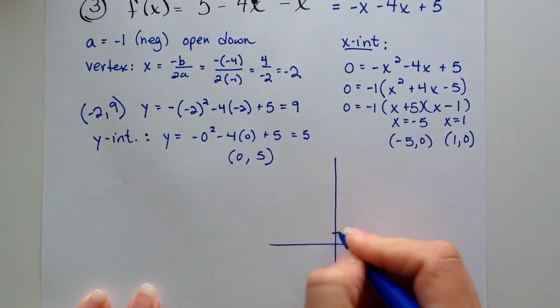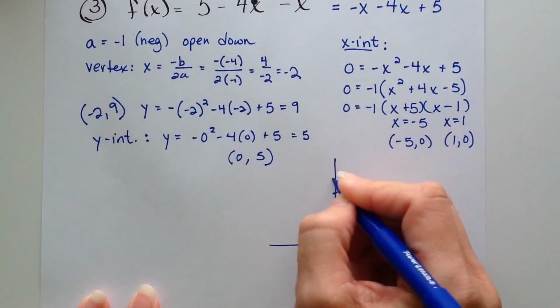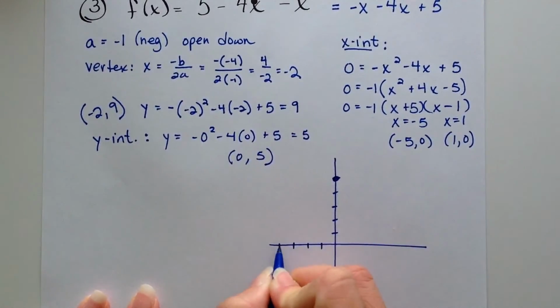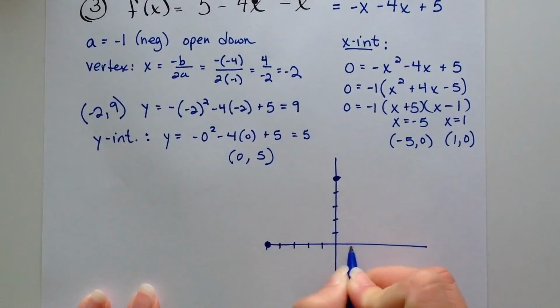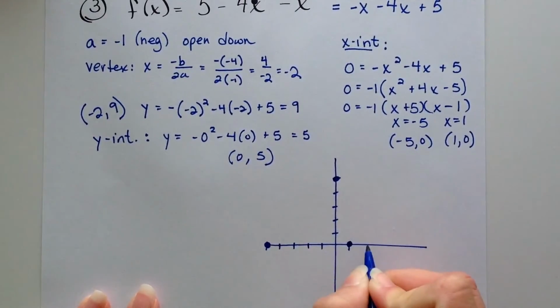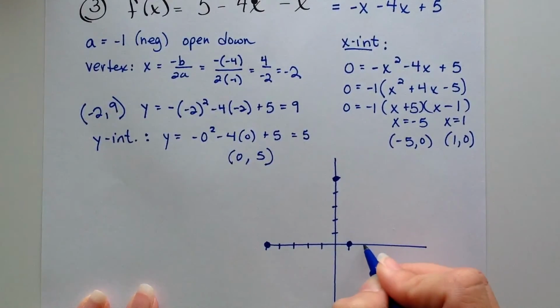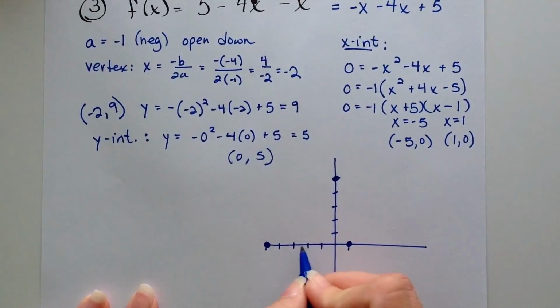Okay, so my y-intercept is at 5. I have an x-intercept at negative 5 and at positive 1. My vertex is at negative 2, 9. I knew that wasn't going to be right.